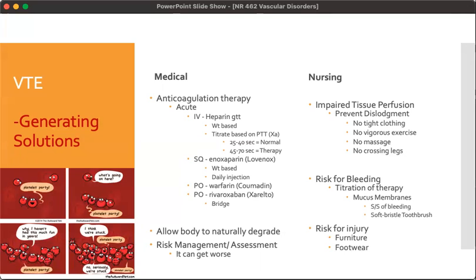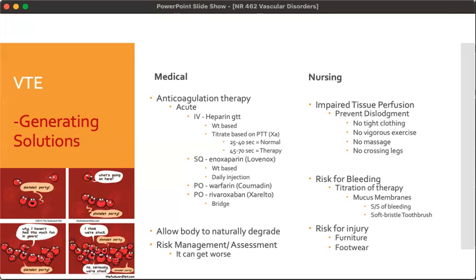Another one is Xarelto, or rivaroxaban. This one is great in that it works quicker, so patients can become therapeutic quickly. There's not a lot of dose titration, so that's great. The bummer is that there is an antidote available now, but it is very, very rare.